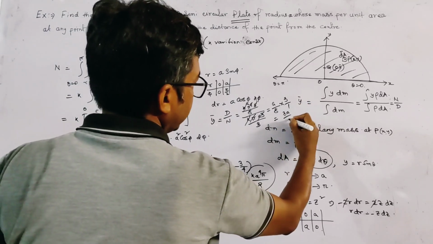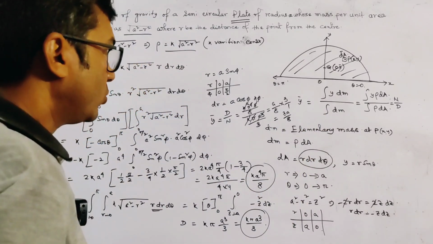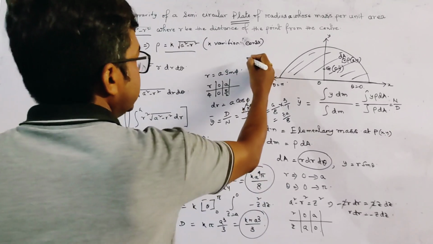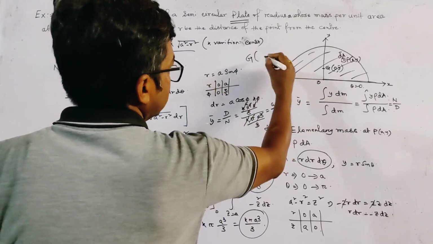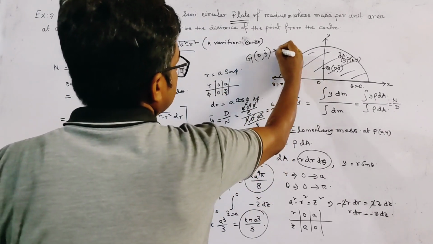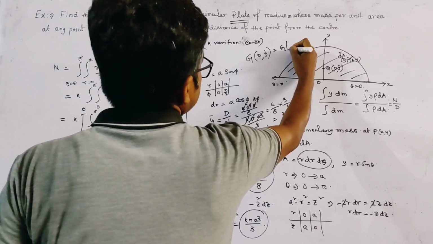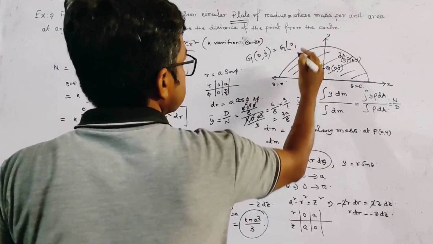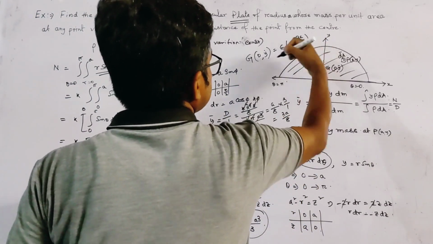So 3a by 8. And the coordinate of CG is g given by 0 comma y bar. So this is g 0 comma, this is 3a by 8.